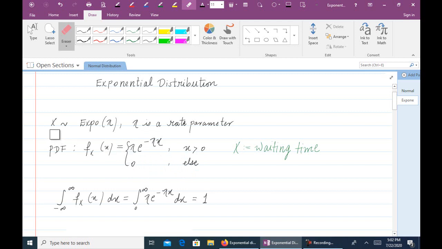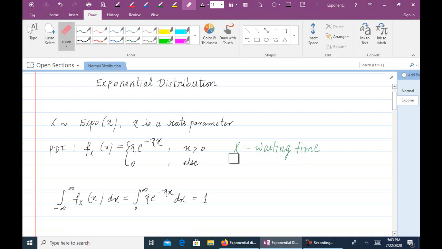So when you have a variable with exponential distribution, think of that variable as some sort of waiting time. Maybe one is observing the arrivals of emails, and so X would be the waiting time till the next email.